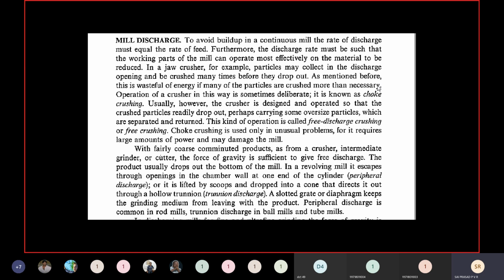Please try to understand: on the line of application of forces, what is the concentration of material is important. I am repeating, on the line of application of force, what is the concentration of the material? I gave you an example. A chalk piece is given to a small kid, he will break it into two parts. A chalk piece is given to me, I cannot break it.